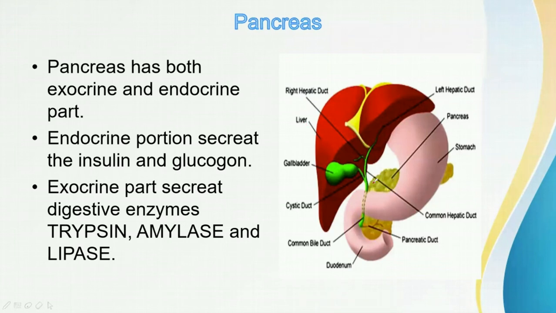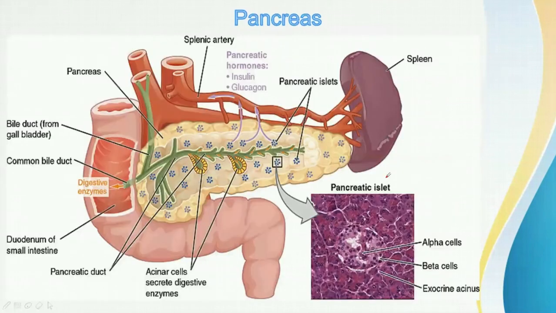It has both exocrine and endocrine parts. Have a look here on this screen. You are seeing a clear picture of the pancreas. This is the pancreas, you are seeing in a yellow color.